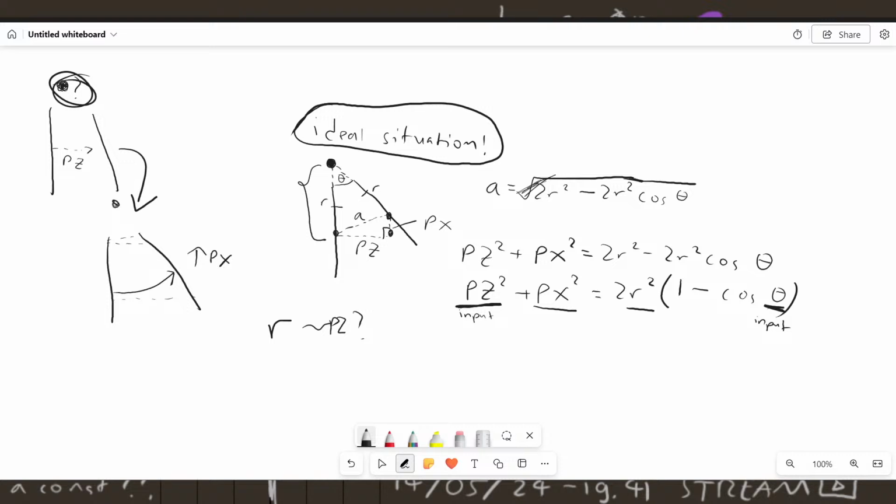So maybe all we need is a ratio of px to r. Does that make sense? What if r is the input? Does it make sense if r is the input? Probably not. There's no way we can do that.